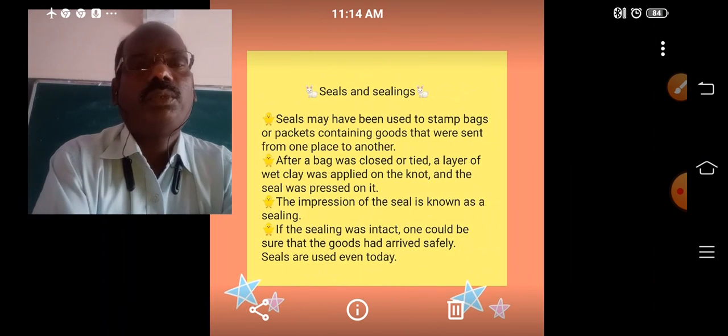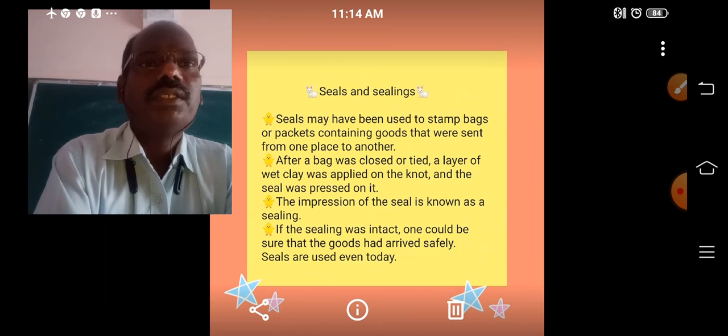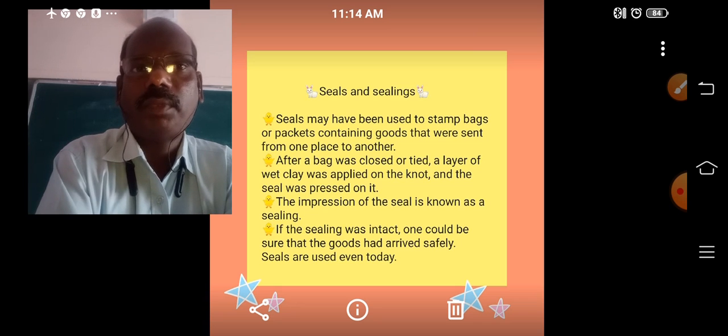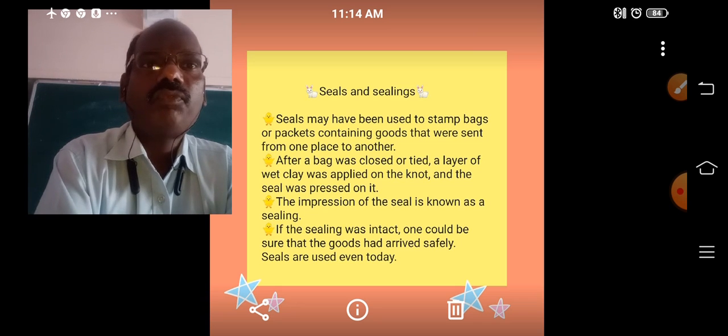Children, the next point we want to see is seal making and sealing. What is a seal, and what is seal making? We already discussed this in our previous classes. So here, for what purpose did they use that seal? The seal may have been used to stamp bags or packets containing goods that were sent from one place to another.